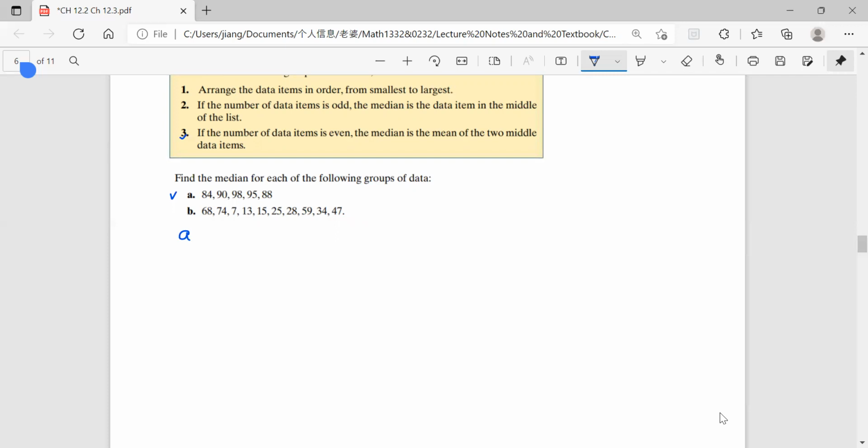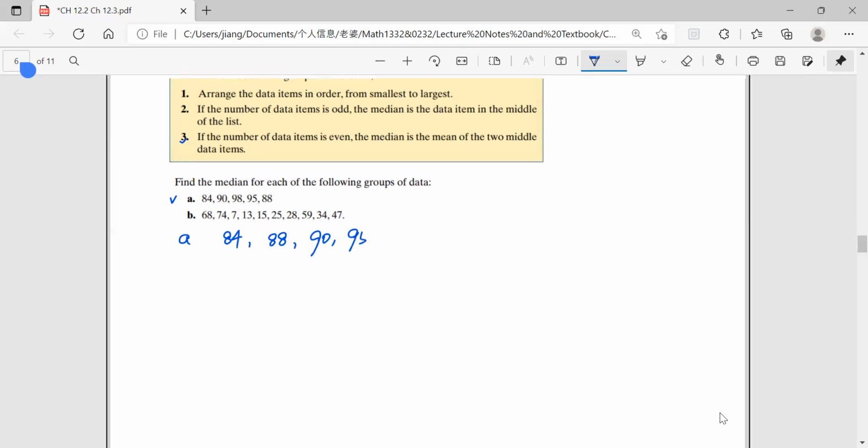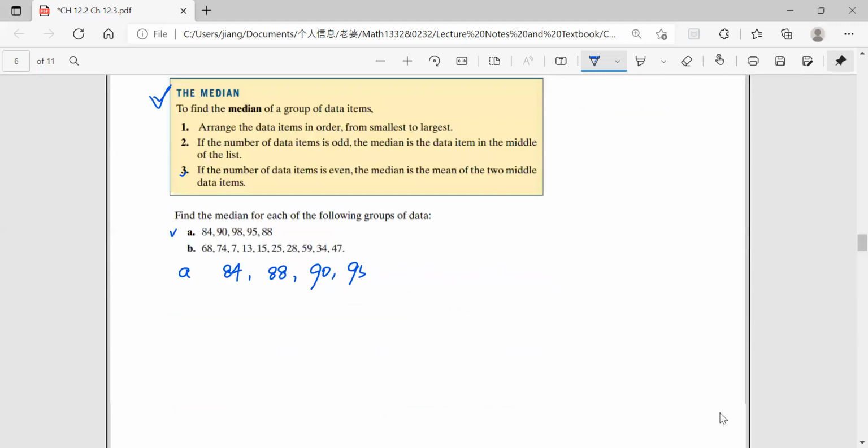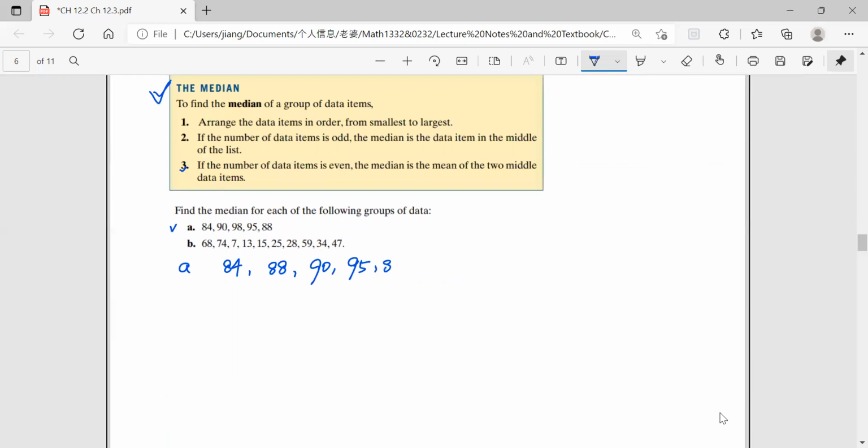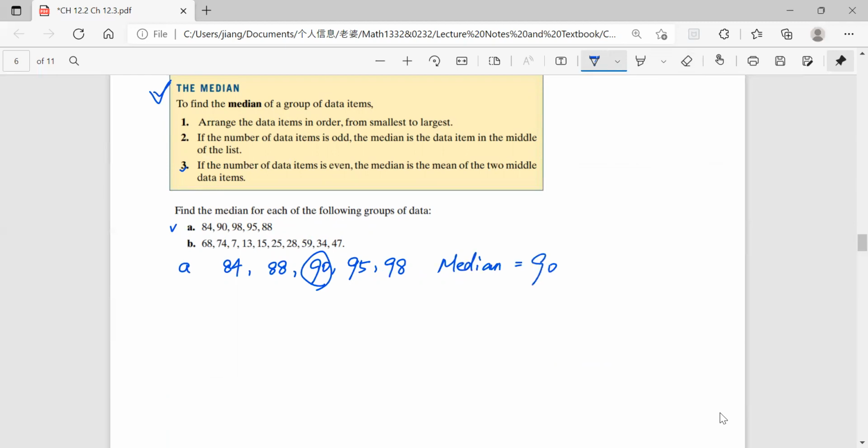The smallest one is 84, and then 88, 90, 95, 98. So which number is in the middle? 90. So the median is 90.